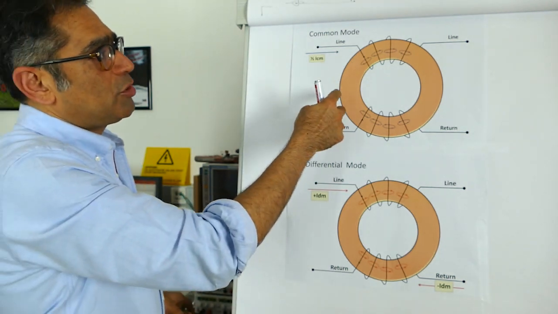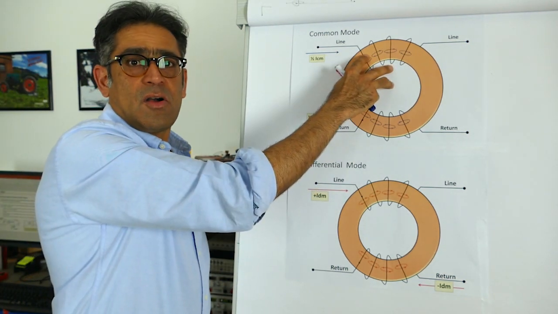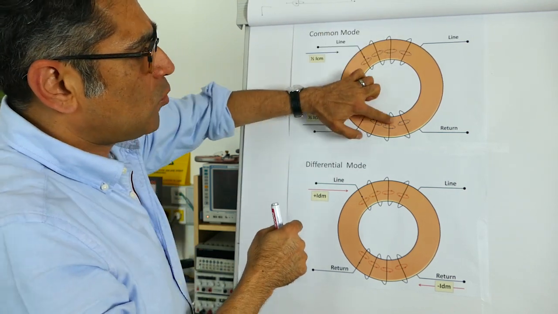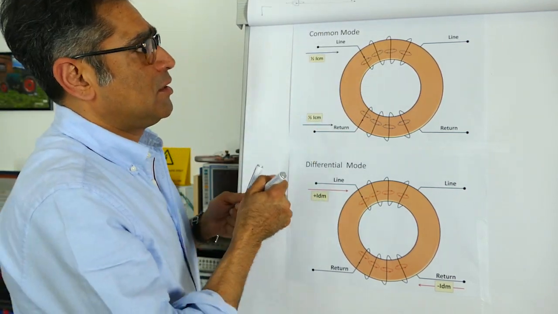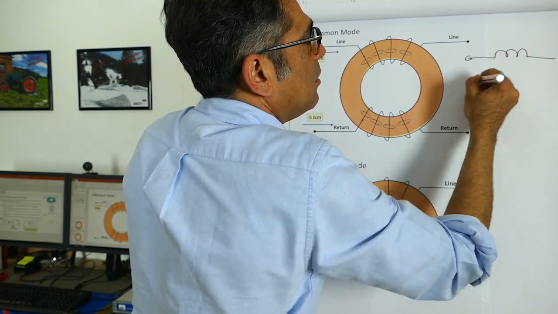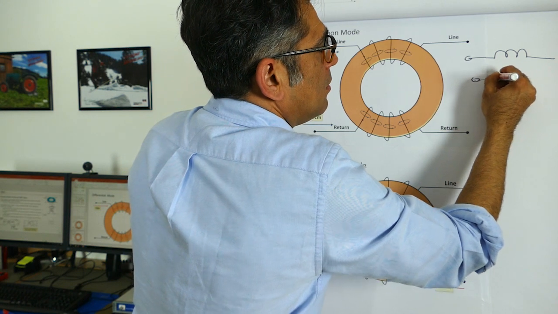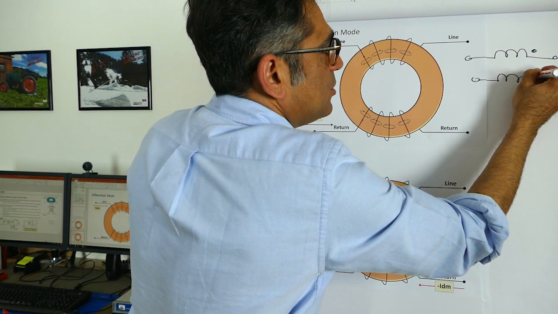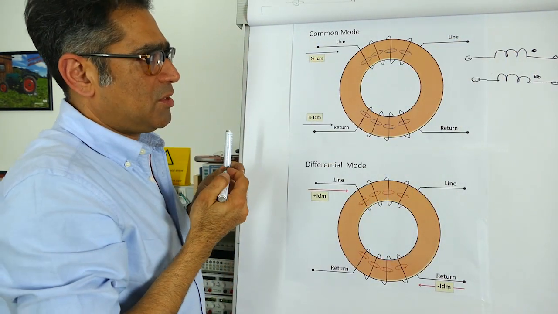So if I draw the two windings on this board, I've got one winding on this side and one winding on the other side. In practice, this would look something like this, with the dot notation suggesting that the directions are both in one way.